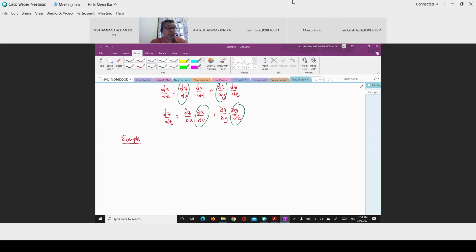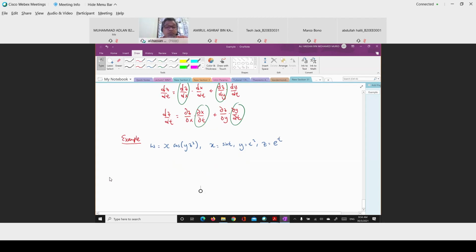Well, let's consider another example. Suppose you are given w equal to x cosine of y z squared, where x is sine of t, y equal to t squared, and z equal to e to the power of t.